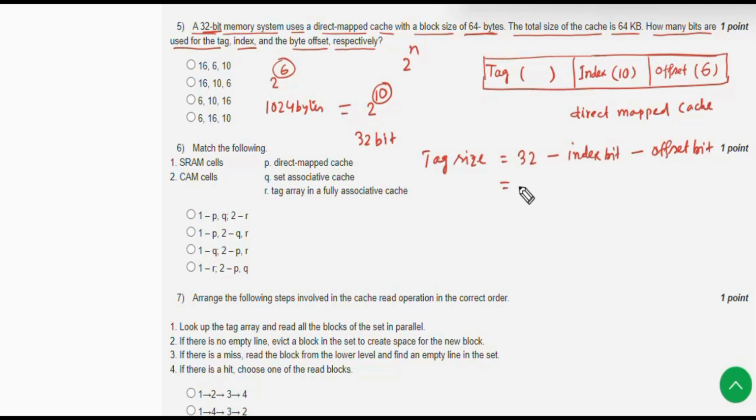So 32 minus index bits 10 and offset bits 6. So 32 minus 16. So tag size will be 16. Okay, so here 16, 10, 6. This will be the answer.